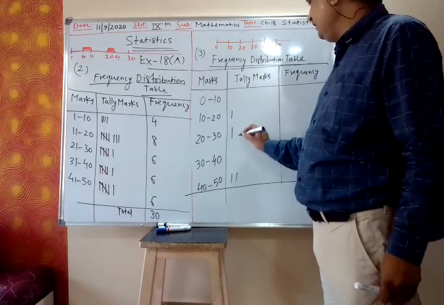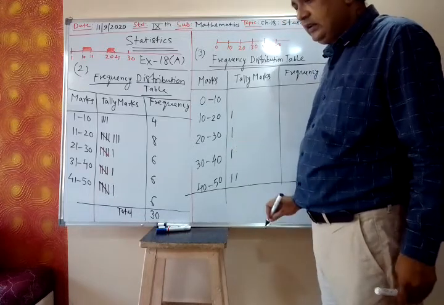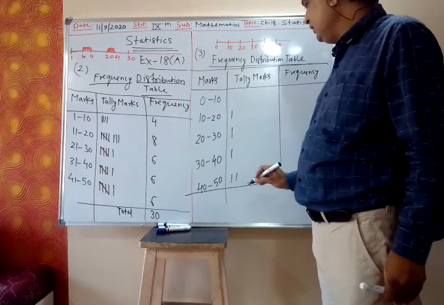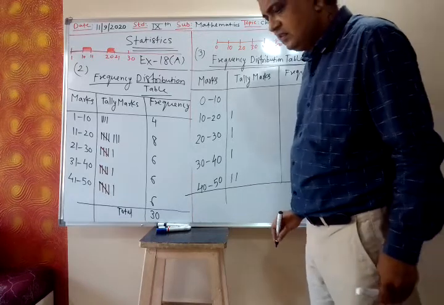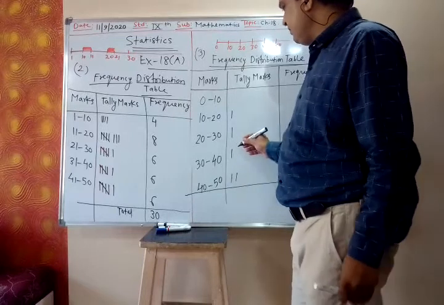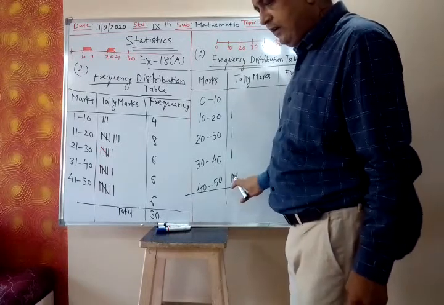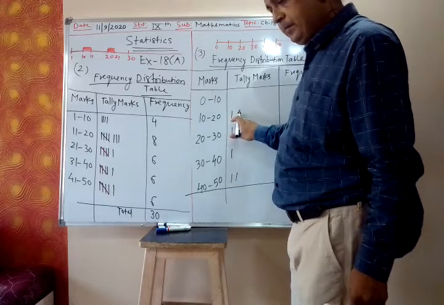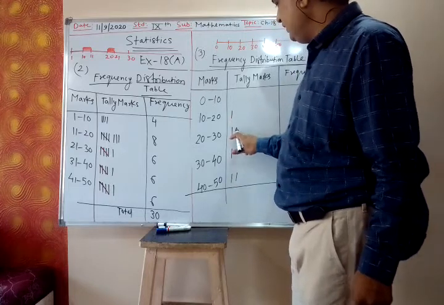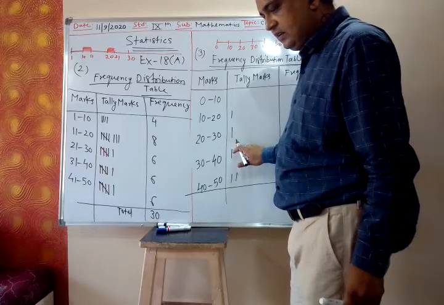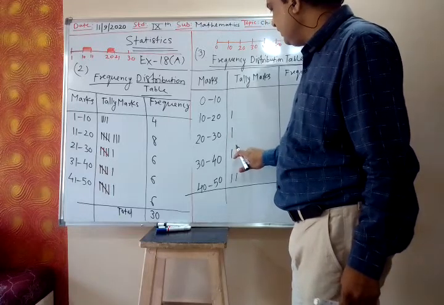Then 35, between 30 to 40. 30 I have written. Wait. 45, 48, 15, 23, then 23, then 30.